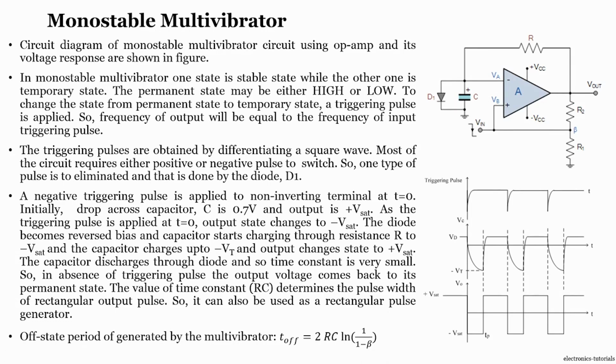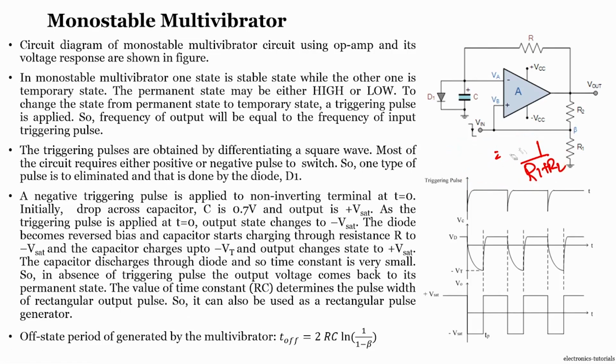Only two states, either plus VCC state or minus VCC state. So, what are the thresholds at this point? In order to go to minus VCC, the input voltage should be greater than the higher threshold value VTH. In this case, what is VTH? Beta into R1 by R1 plus R2, right. Only when the input voltage is greater than this value, it goes to minus VCC.